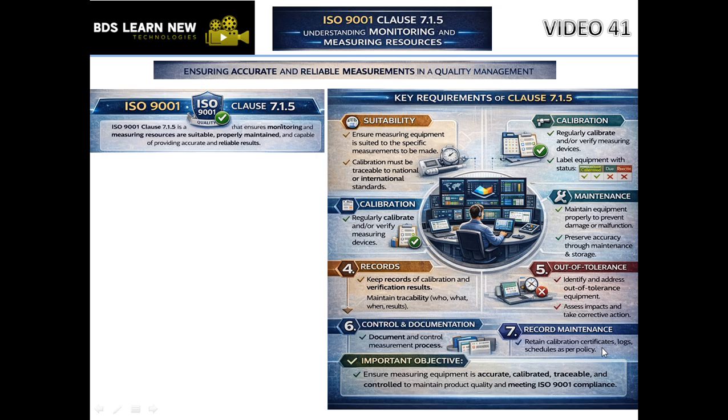Record of maintenance, retain calibration certificates, log schedules as per policy. Now, what are the important objectives? Ensure measuring equipment is accurate, calibrated, traceable, and controlled to maintain product quality and meeting ISO 9001 compliance. So, this is basically clause 7.1.5 for ISO 9001.